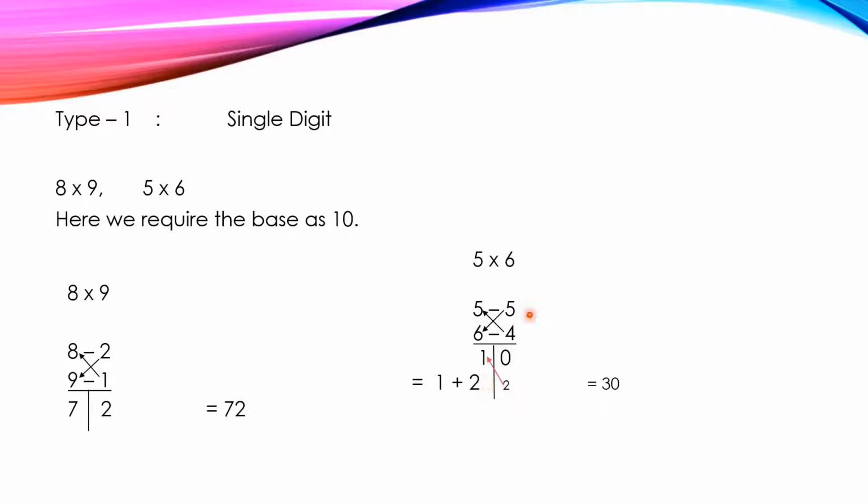Now we can either subtract 5 from 6 or 4 from 5. In both the cases, we will get our answer as 1. Now we have a carry of 2. Now we will add 1 plus 2, which is equal to 3. So 3 and 0 form 30. So our answer is 30.